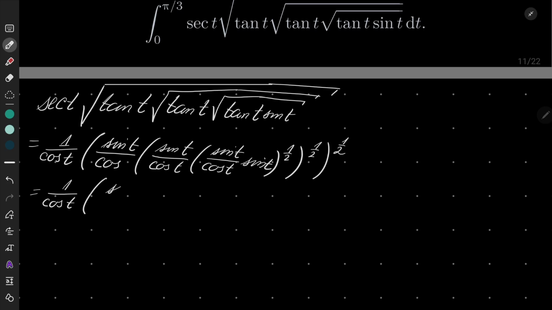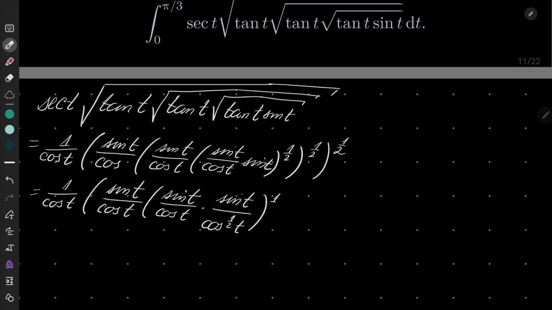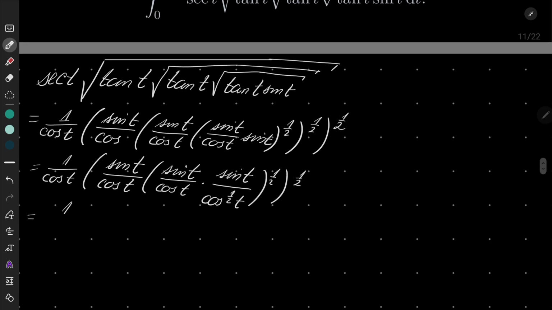So we have sine of t, cosine of t, sine of t, cosine to the power 1/2 of t. Very well. 1 over cosine of t, sine of t, cosine of t.